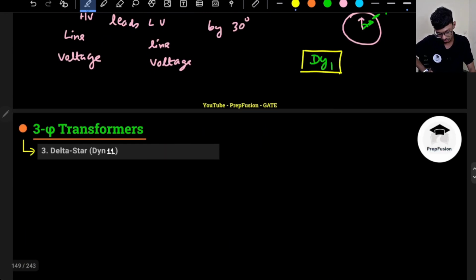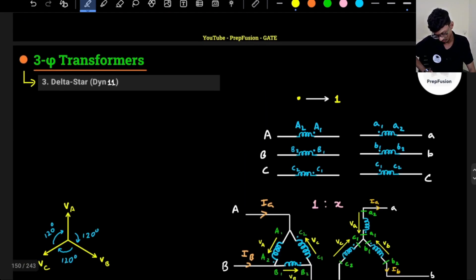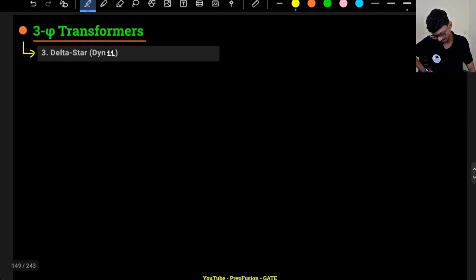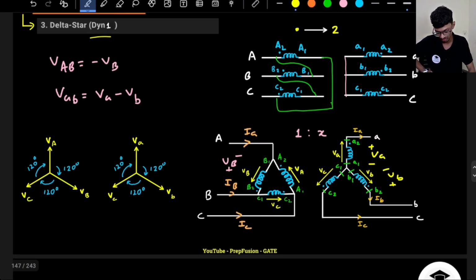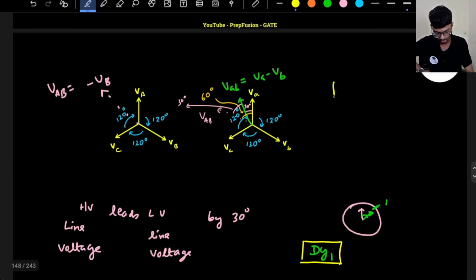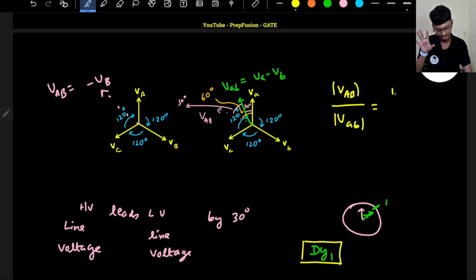Now I want you to solve case D. Where is the diagram for case D? The diagram for case D is not here. And the line voltage, I hope you understand it. What will be the transformation ratio? Again, the transformation ratio will be magnitude of VAB divided by magnitude of small VAB. Magnitude of VAB is magnitude of minus VB, which is VB only, divided by root 3 times the phase voltage.